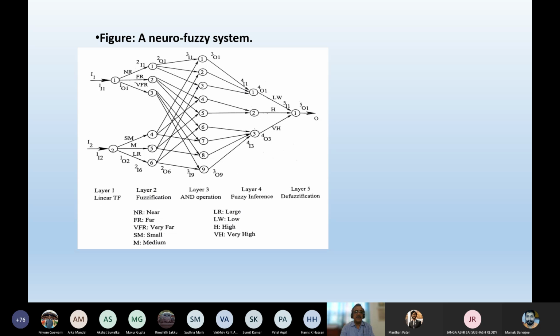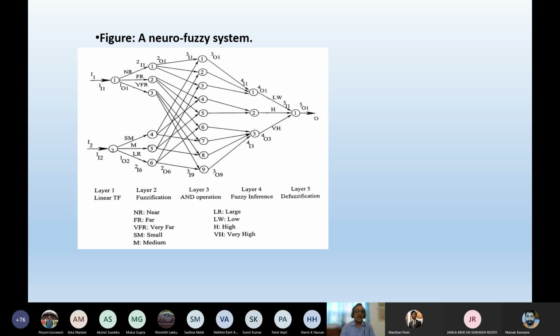To represent I1, there are 3 linguistic terms: near, far, and very far. And to represent I2: small, medium, and large. So 3 multiplied by 3, there are 9 such rules on layer 3. This is the fuzzy inference layer. This is the defuzzification. And then you'll be getting the crisp output.